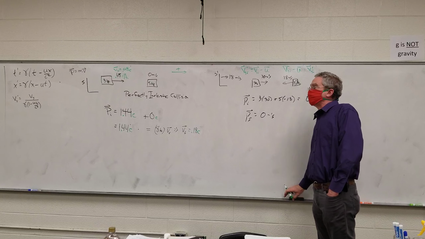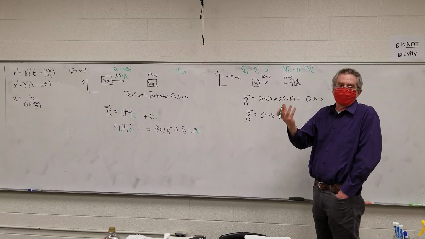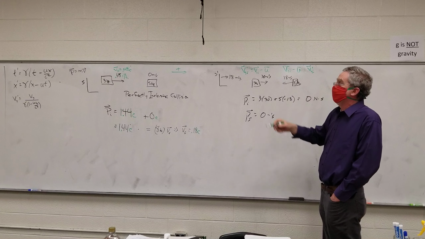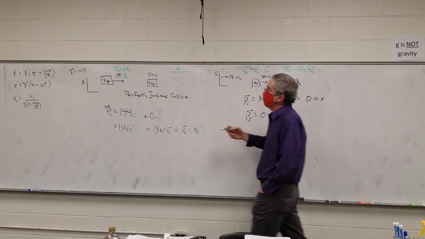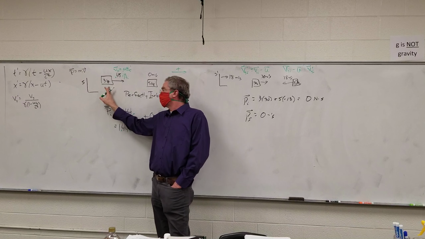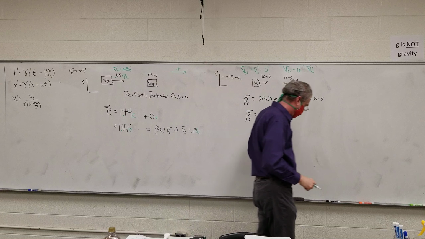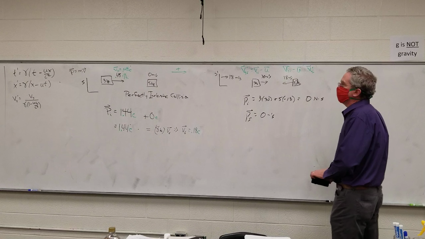Now, one big difference is that in the first problem I did, I just said 3 kilograms. That was the rest mass because it's traveling slowly enough. Here, I didn't specify it, but this 3 kilogram here would actually be a relativistic mass. But I'm not worried about that at the moment.